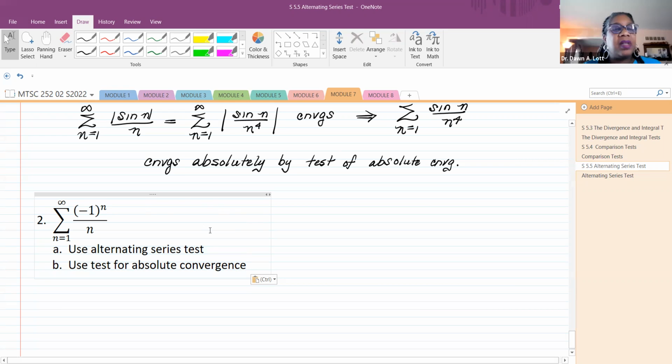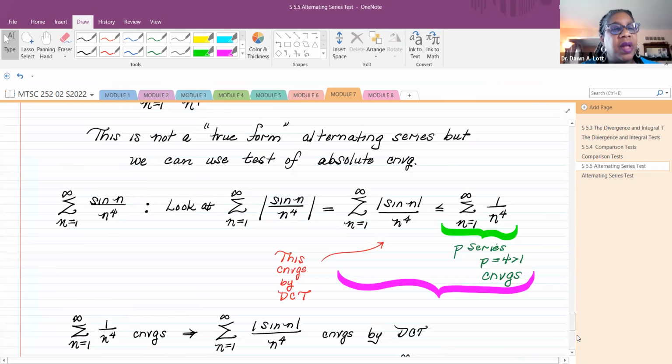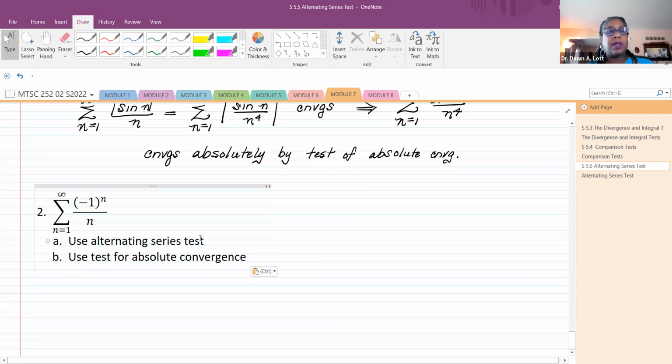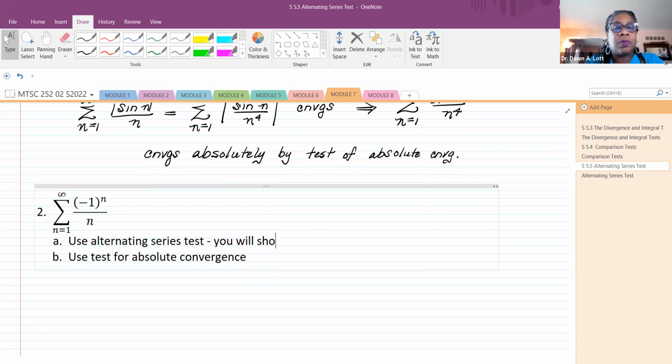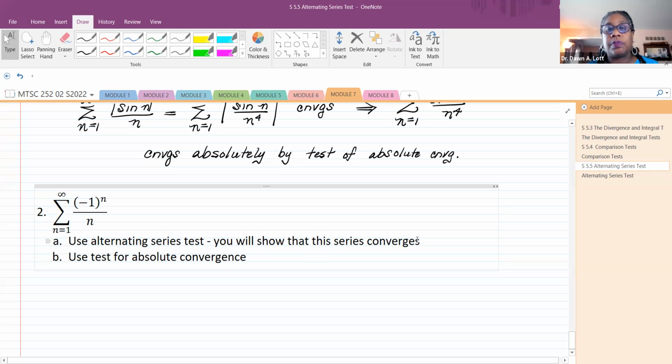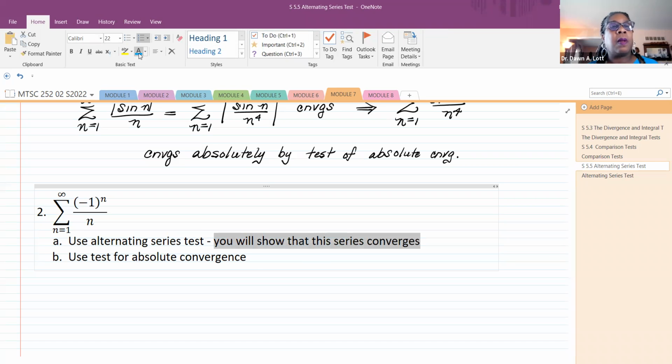Okay, so now let's look at this test. Did I do this one? I did not. This is number 2. So we can use alternating series test, and we will show that this series converges. By the alternating series test, this will actually converge. But let's try the test for absolute convergence.